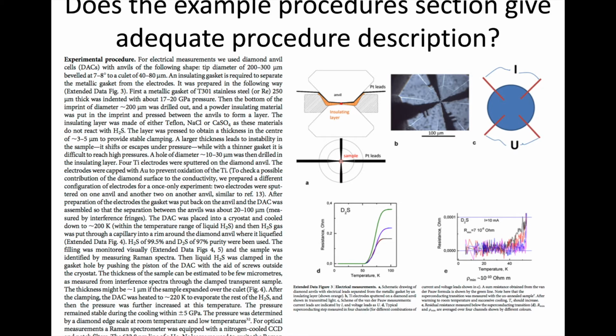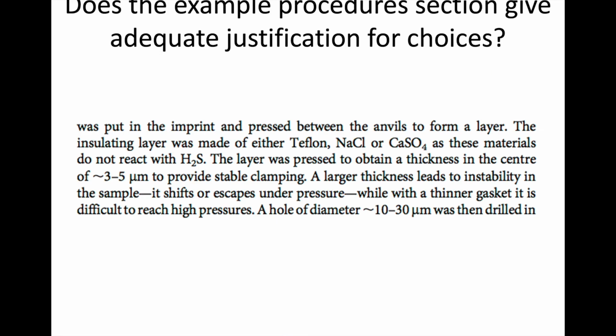So whether it's annealing, whether it's rolling, whether it's using the conductivity meter, we need to know all the conditions, right? How was it done? But again, you don't have to tell people how to do it. You're not trying to educate them, and they're not going to get trained from your procedure section on how to actually operate it. This is just so that they know all the conditions to do the same experiment.